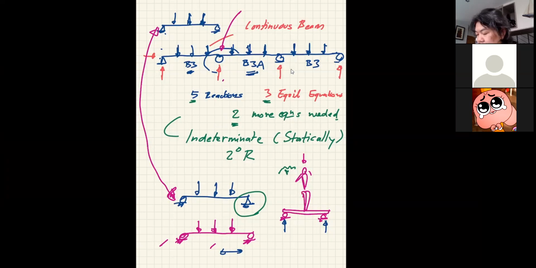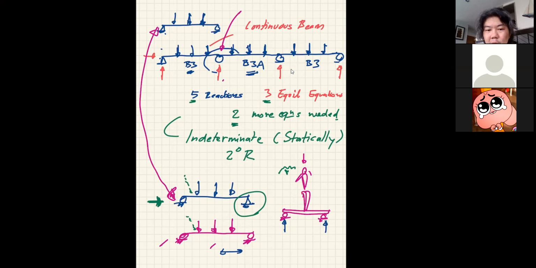Because this structure, the one that the green arrow is pointing at, is perfectly stable and can withstand any load, correct? If this load is inclined 5 degrees, it's still stable. But this one, if the load is inclined 5 degrees, it's just going to go roller skating.